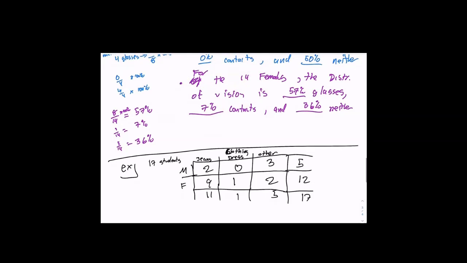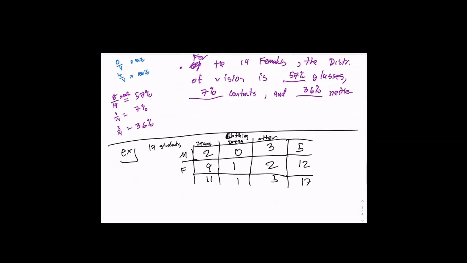I can also do something like row percentages. If in place of the 2, I did 2 divided by 5, I'd get 40%. I'd get 0% here, 60% here, and 100% here. If I divided 9 by 12, I get 75%. I get 8%, I get 17%, which adds up to 100% over here.